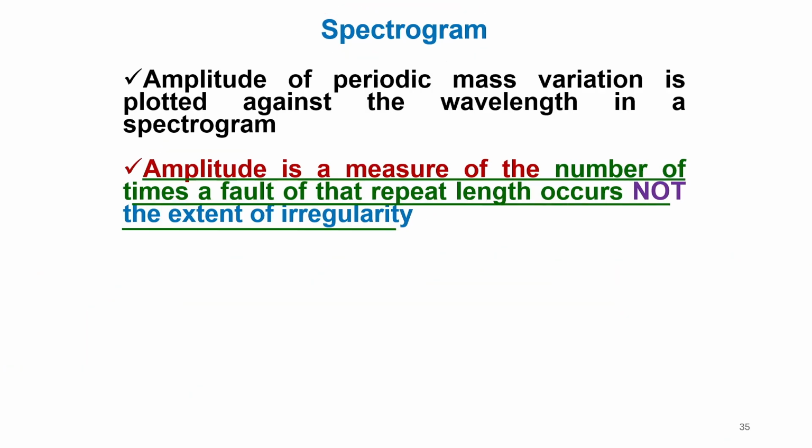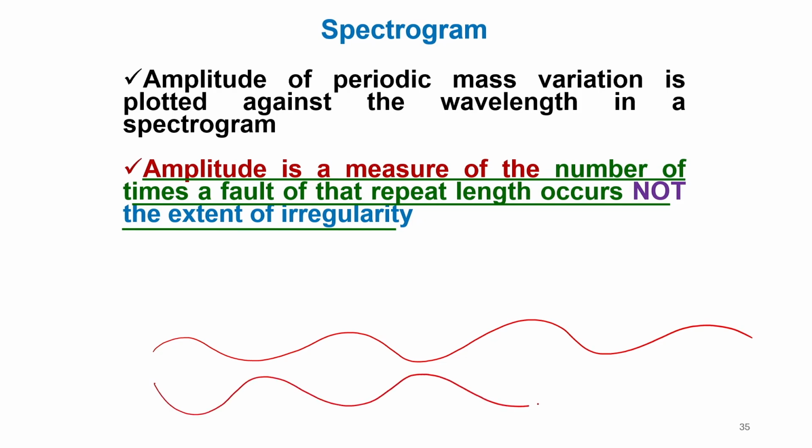So, what we are discussing, let us see two slivers. One is with a longer wavelength. Suppose we have tested a 100 meter sliver, and this wavelength is, say, 10 meter.